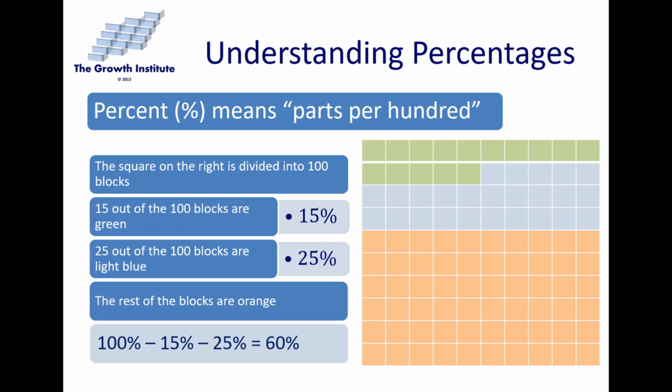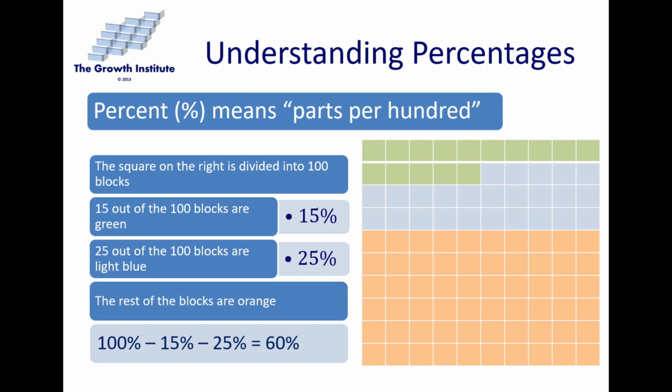So if you have 15 of the 100 blocks that are green, it means 15 parts per 100 is green, and therefore it's 15%. And the same for the blue. If 25 out of the 100 blocks is blue, then you have 25% blue blocks.